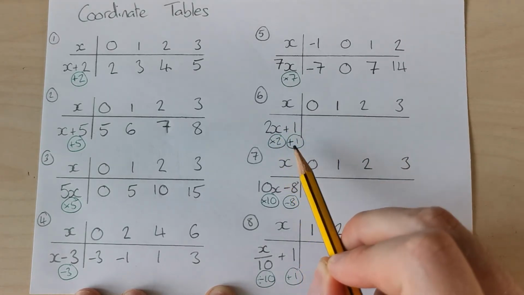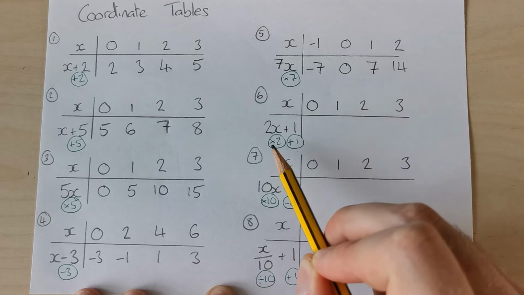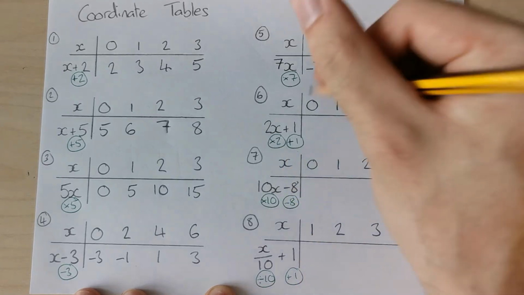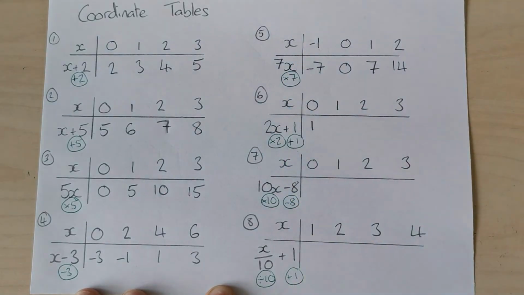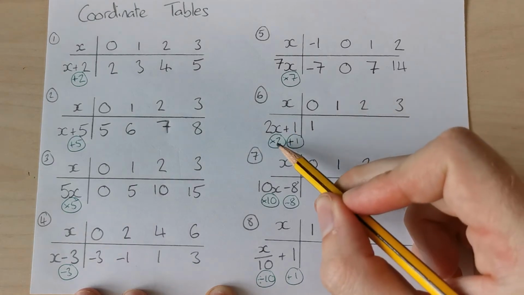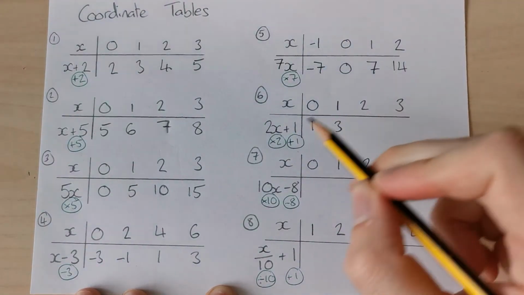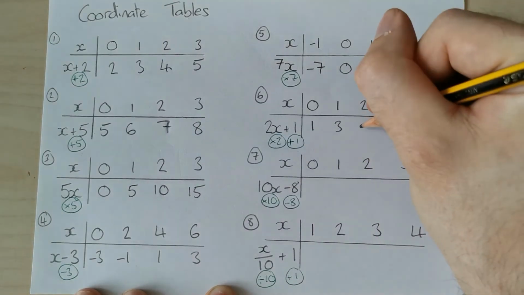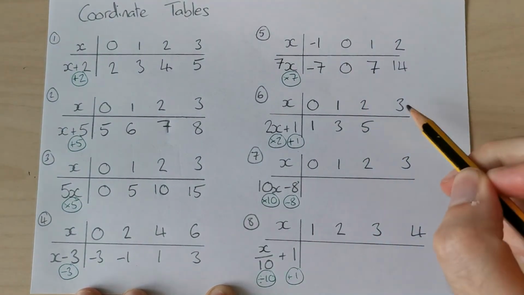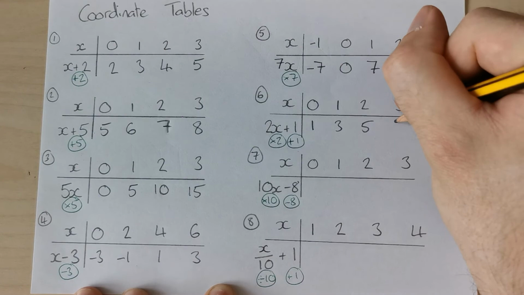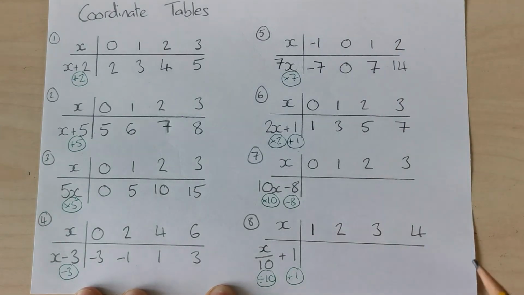Okay, on to the next one, 2 steps. So we're going to times by 2 and add 1. So 0 times 2, then add 1, gives us an answer of 1. 1 times 2, add 1, gives us 3. 2 times 2, add 1, gives us 5. 3 times 2, add 1, gives us 7.